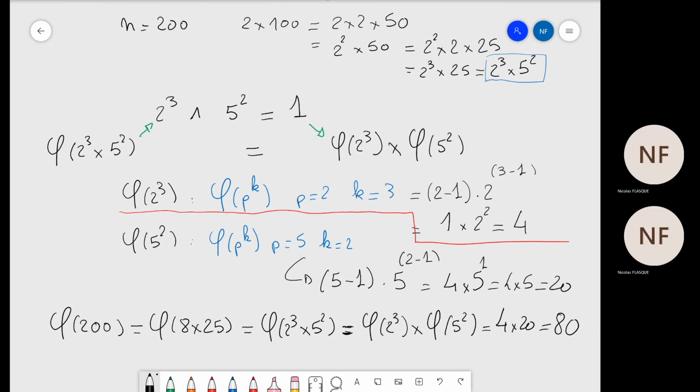So that's the way one has to handle numbers which are not prime numbers, which are not powers of prime numbers, so numbers for which you have to use statement number 3, and be very careful about the decomposition of a number.